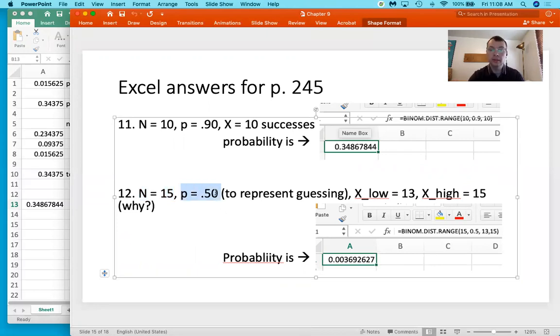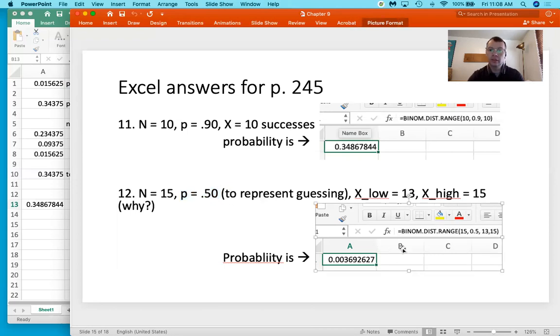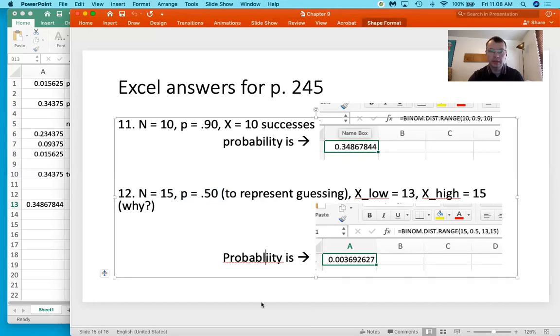Well, the probability of getting a multiple choice question correct if you're guessing should be 0.5, so we use that to represent guessing. I asked for the probability of at least 13 successes, which means the probability of 13 or 14 or 15. And this is the nice thing that we can do with our range function.